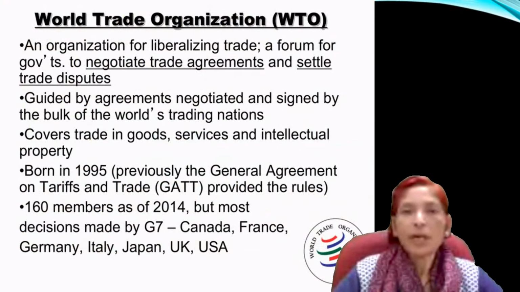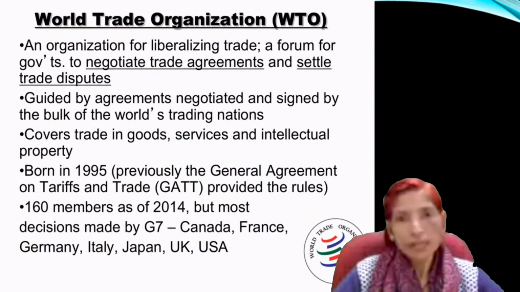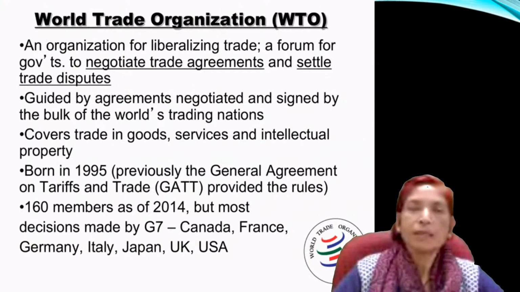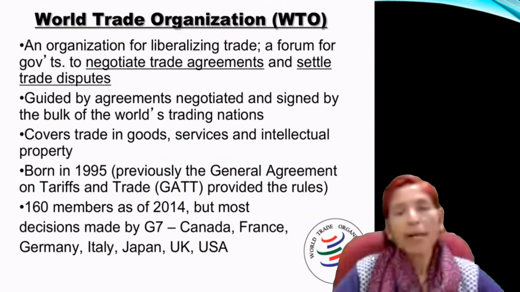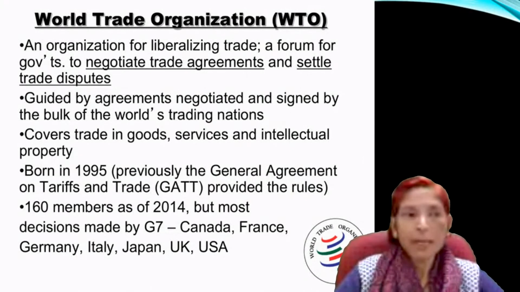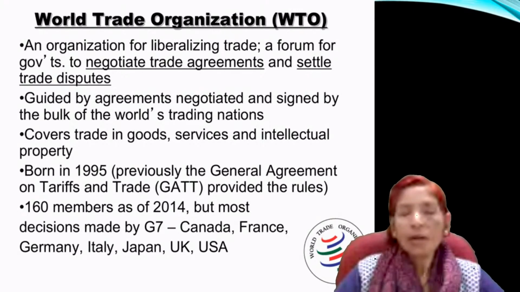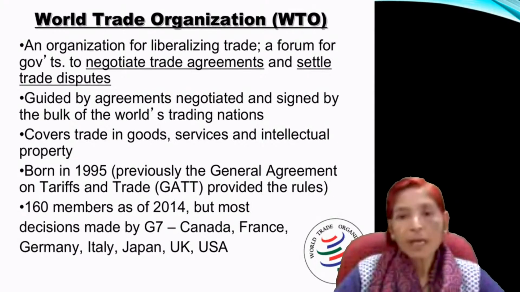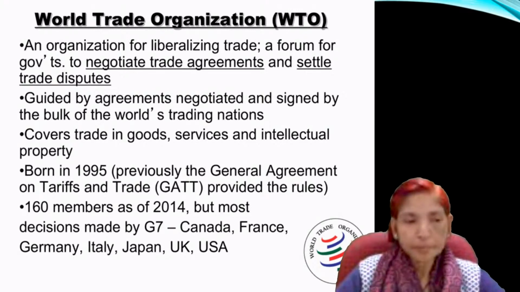WTO is an organization for liberalizing trade, a forum for governments to negotiate trade agreements and settle trade disputes. It is guided by agreements negotiated and signed by the bulk of the world's trading nations or trading partners. It covers trade in goods, services, and intellectual property.